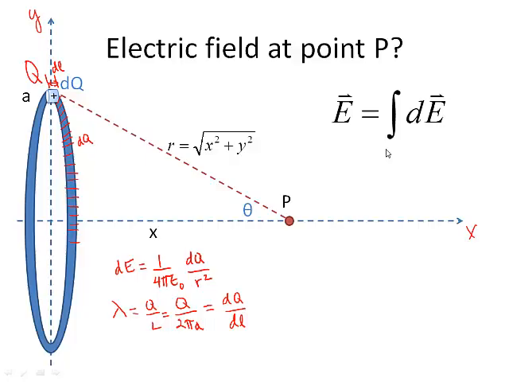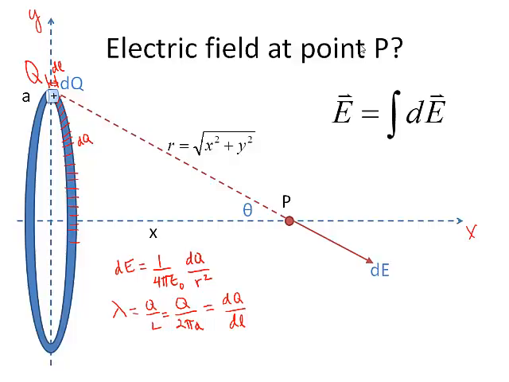So let's just talk again about the contribution to the electric field by this dq. The electric field, or the little dE, that's produced from this dq sort of looks like this. In other words, if we were to put a positive test charge at point P, that little positive test charge would feel a repulsive force due to the dq at the top of the ring.